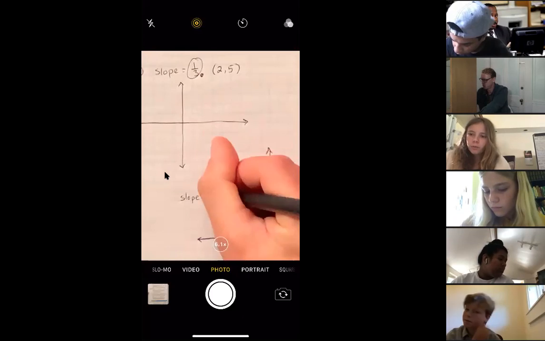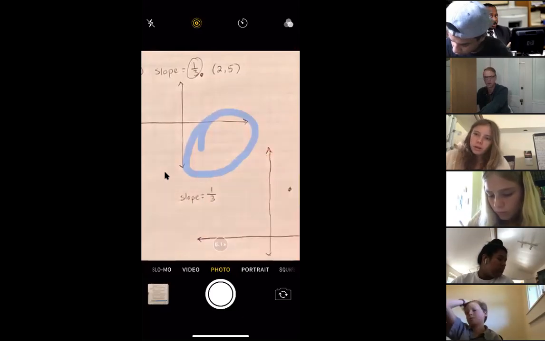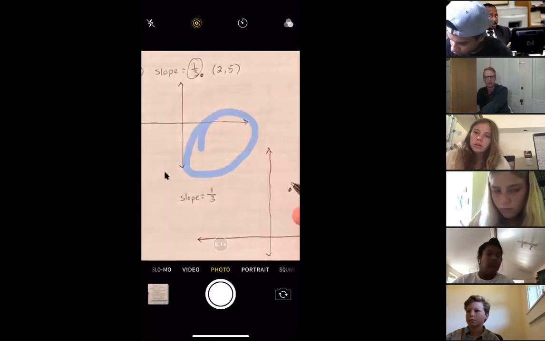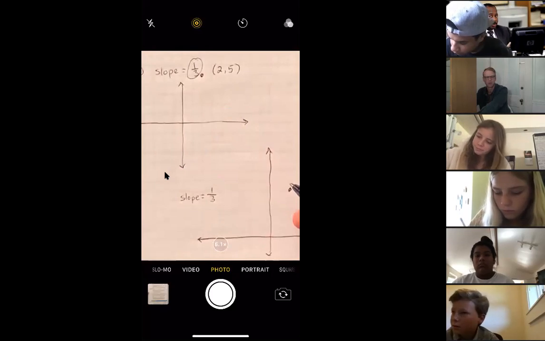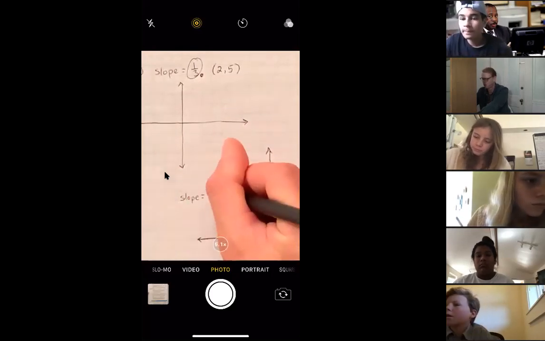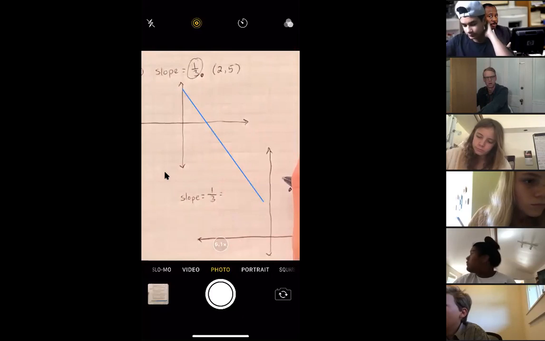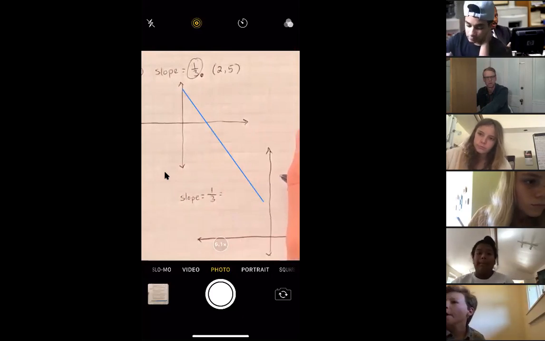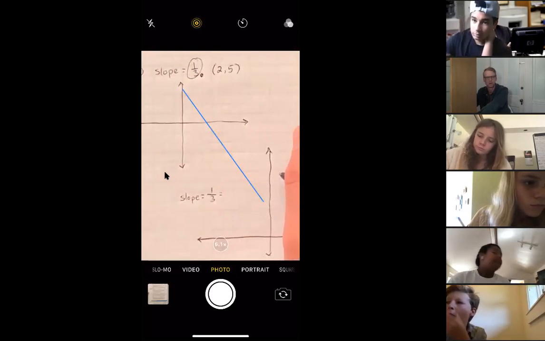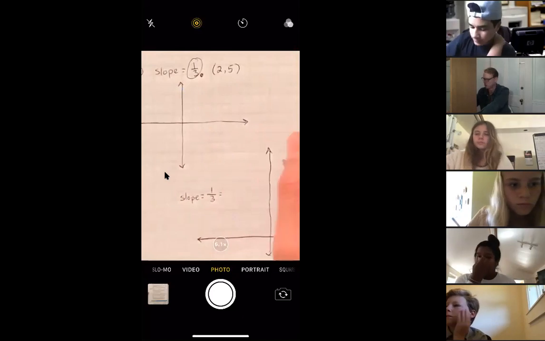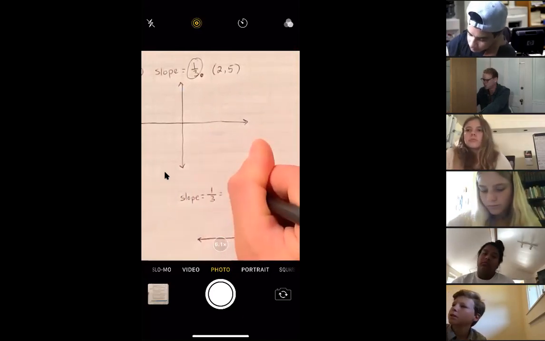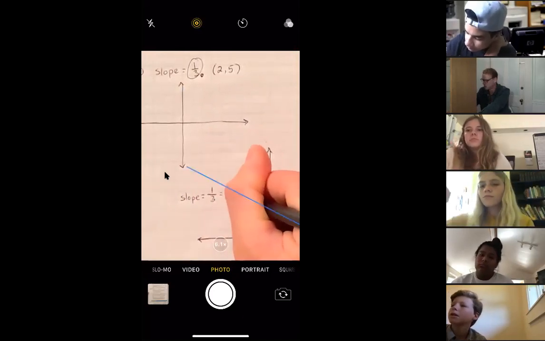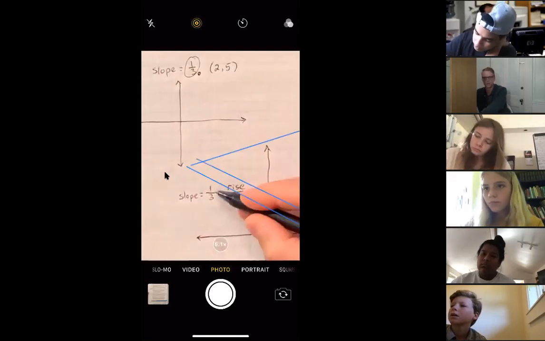Yeah, 1/3. Okay. And Bo helped us define it earlier. Bo, will you tell us again, what are those 2 words we use to define the slope? Remember, something over something. Rise over run. Yeah, rise over run. So we're going to rise 1.